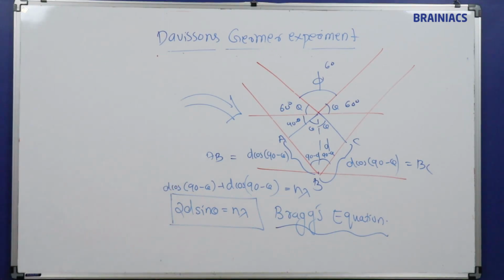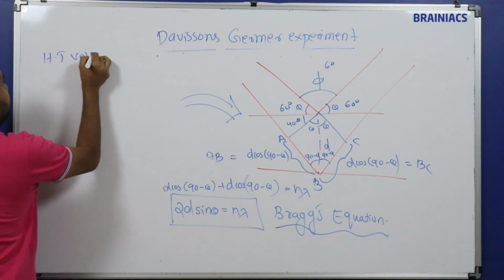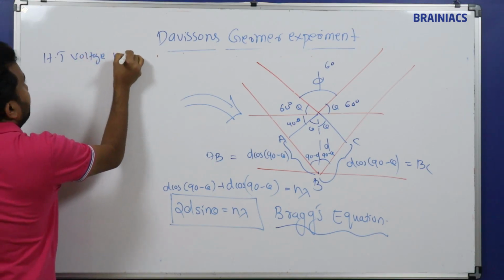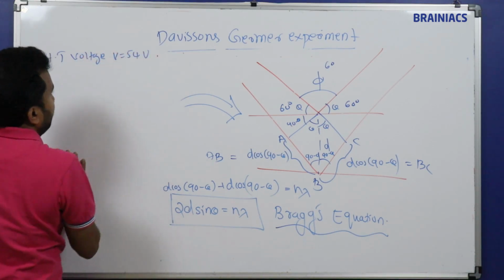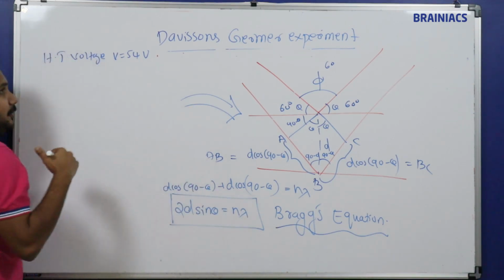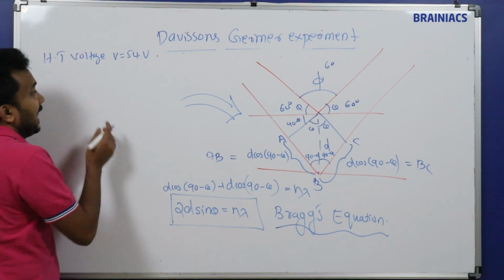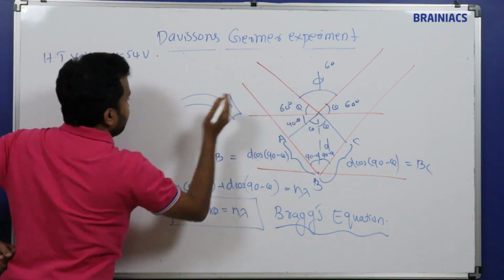Now one of the observations is like this. When the high tension voltage V is equal to 54 volt, and we know the angle of deflection. What does this phi indicate?